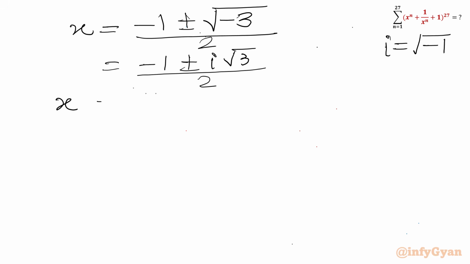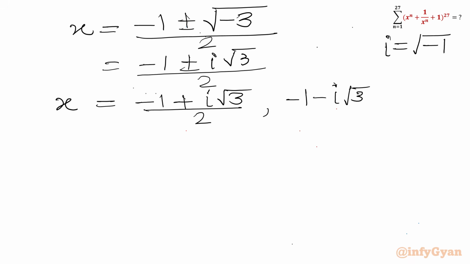Now I can write x will be equal to (minus 1 plus i root 3) over 2 and (minus 1 minus i root 3) over 2. Now we are getting the cube roots of unity. So I can write one of our solutions would be omega, then the other would be omega square.